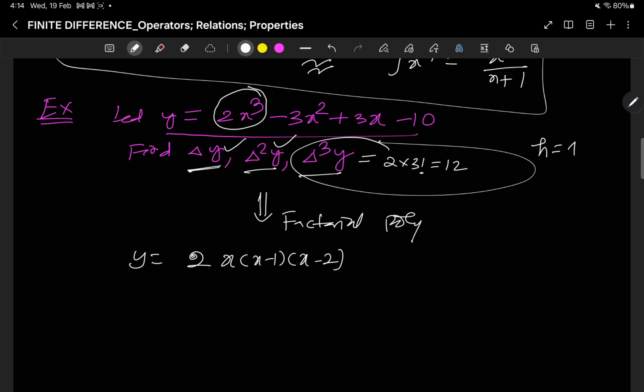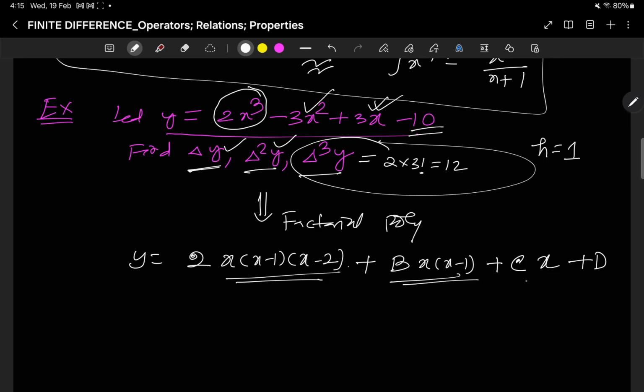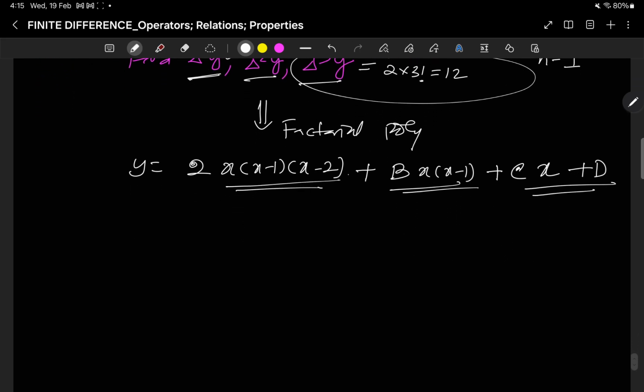To balance it, we need some constant b times x into x minus 1, plus some constant c times x, plus simply some constant d. We adjust it accordingly to express it as a factorial polynomial.